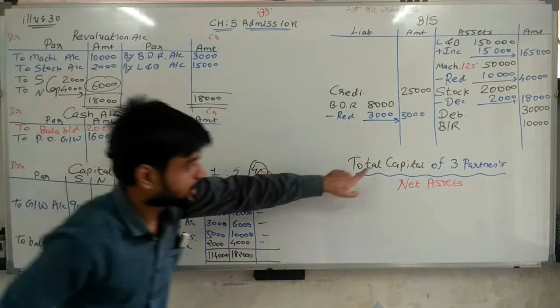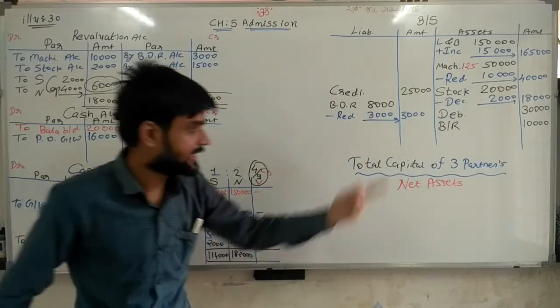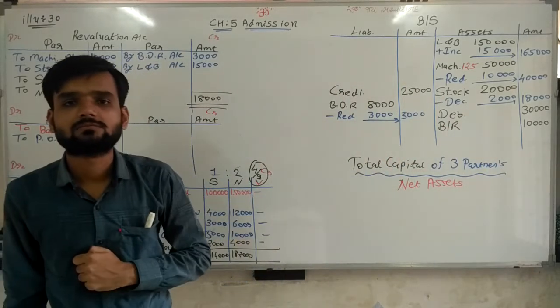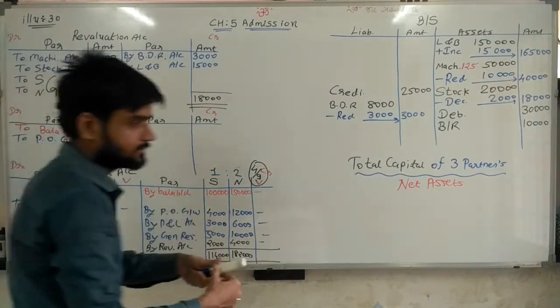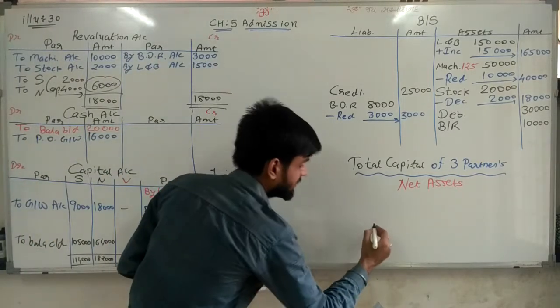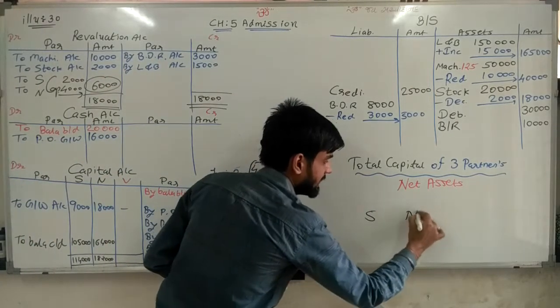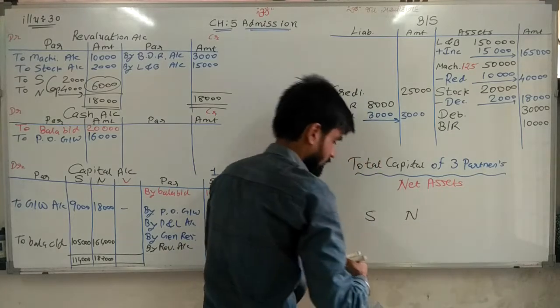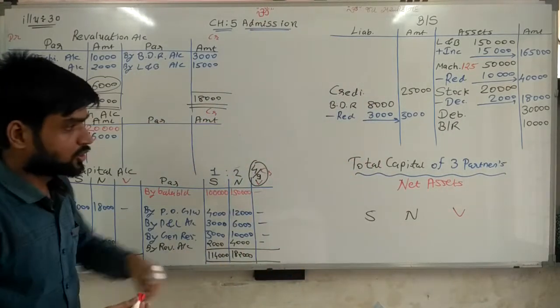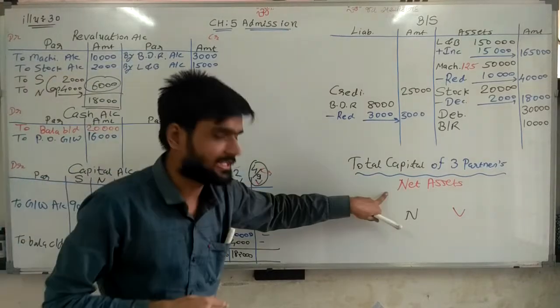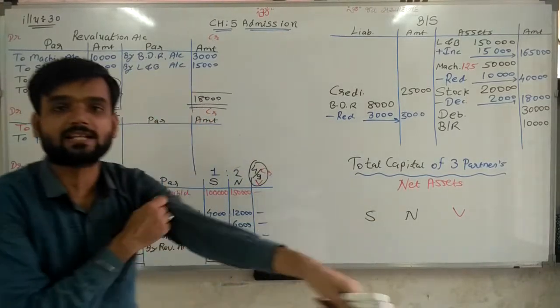Now, the total capital of the three partners is my net asset. The three partners are S, N and V. So first of all writing here S, N and V. Total capital of three partners means net asset. First of all finding net asset. How?